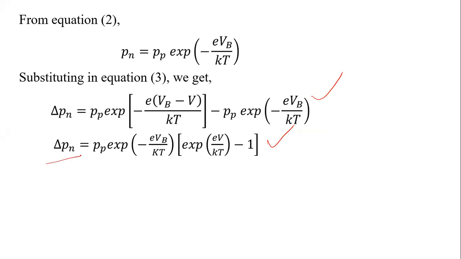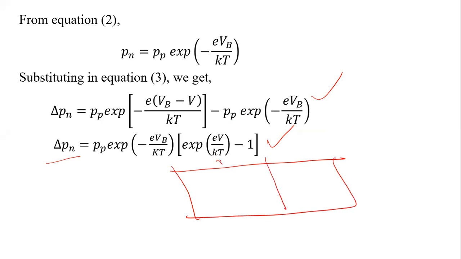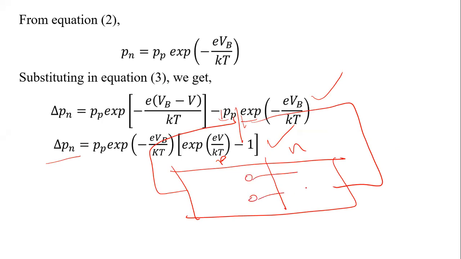Del Pn, as I said, this is a p-n junction. By connecting the external battery like this, you are transferring holes to the n side. Del Pn is the concentration of holes transferred from the p side to the n side.